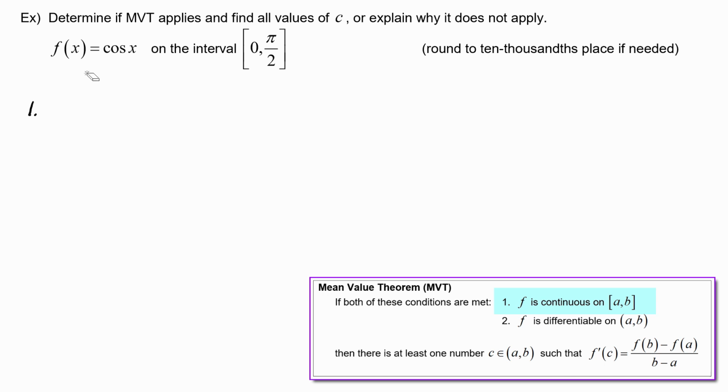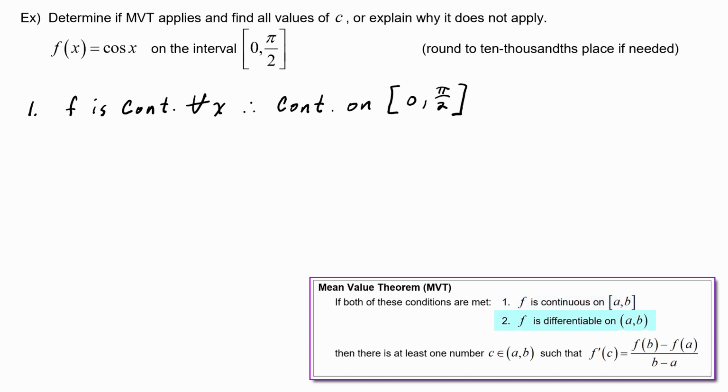We know that cosine of x is continuous everywhere. So f is continuous for all x, therefore continuous on a small subset of that, the closed interval from 0 to pi over 2. So we've satisfied step 1. Step 2 says f must be differentiable on the open interval from 0 to pi over 2.